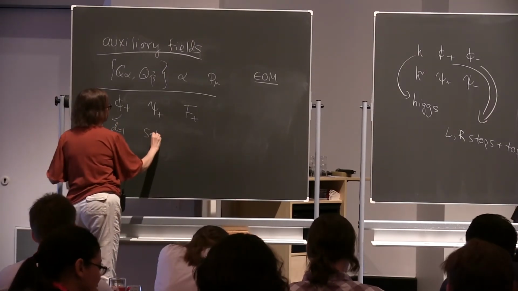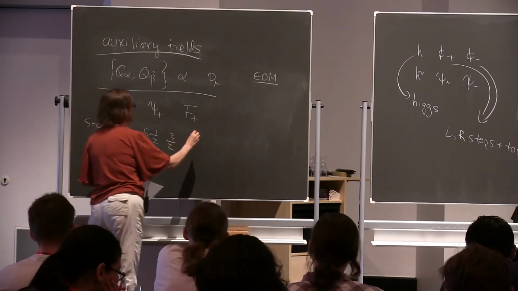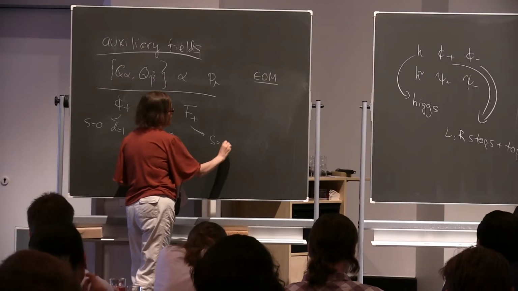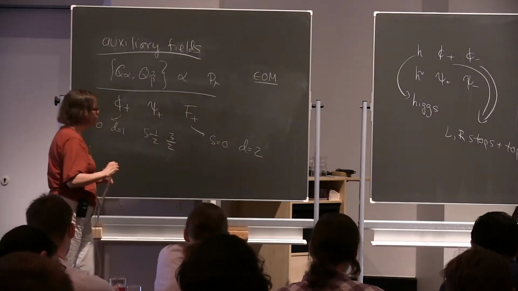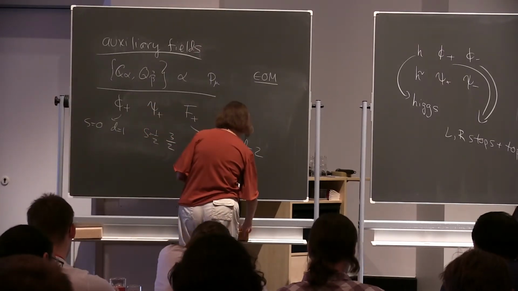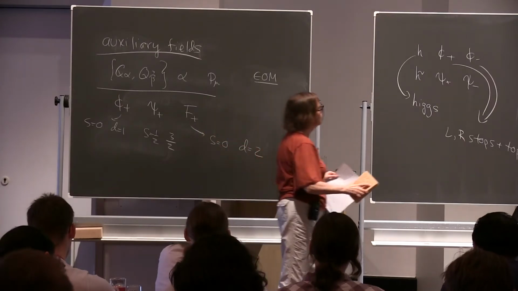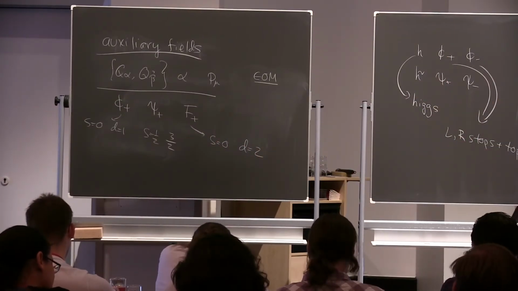This guy is spin 1/2, and the field has dimension 3/2, and this guy is a Lorentz scalar, and it has dimension 2. And now I want to write down the transformations, and maybe let me write them over here, and I can keep them here for some time.